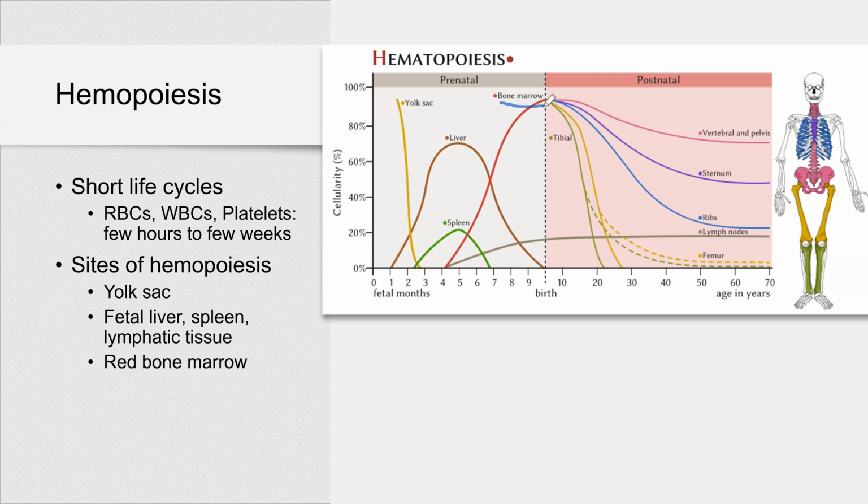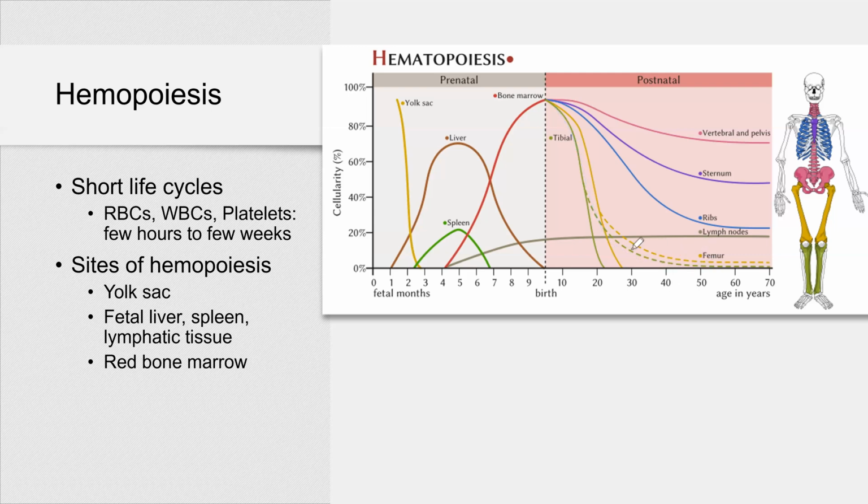Now, bone marrow is found obviously in your bones. And what is interesting here, if we're talking about long bones, like the femur or the tibia, we have a pretty steep decline in production of blood cells in long bones.